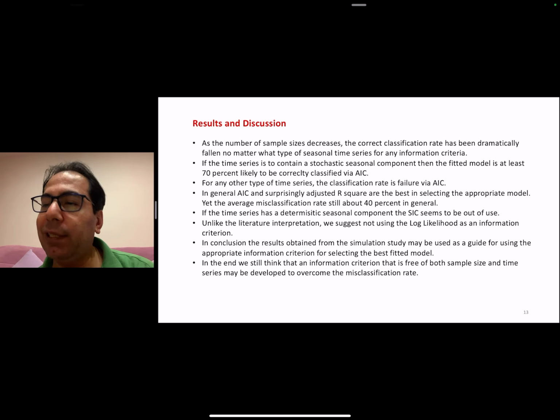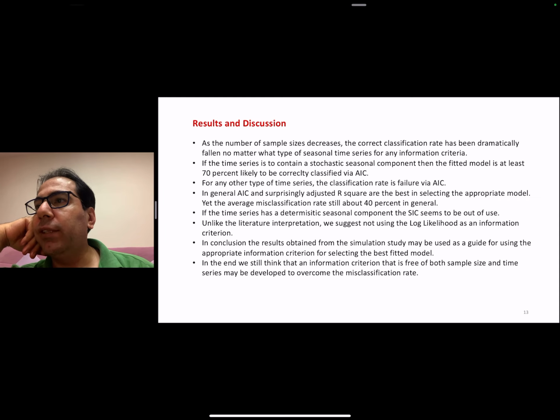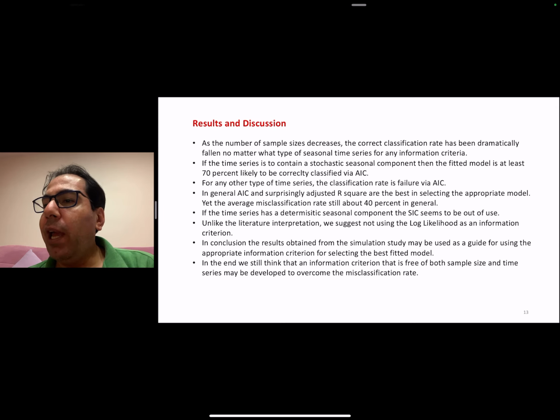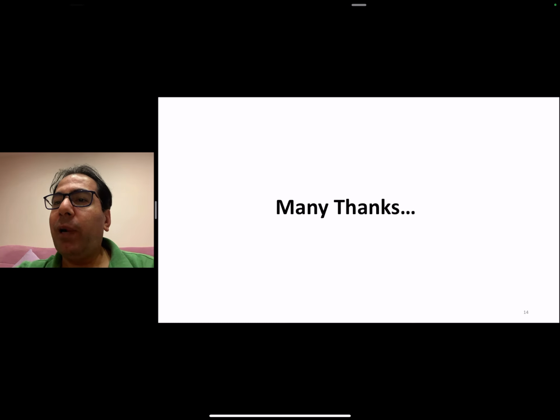There is definitely a lack of research on information criteria, and it is still urgent. We should develop a new one that is robust and will catch the right model, without considering the sample size, the type of series, or the number of terms in the model. It should pick the correct model. So this is the end of my talk.